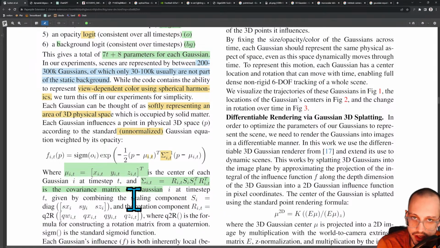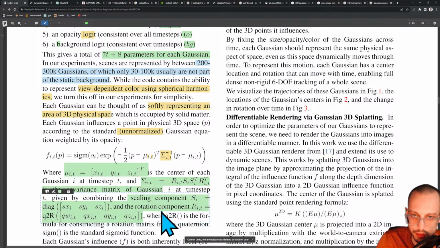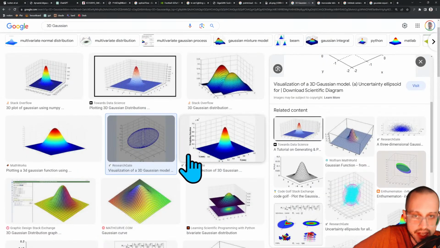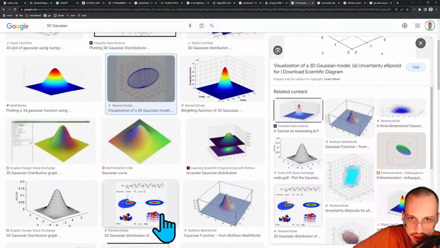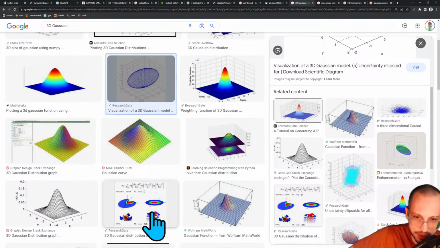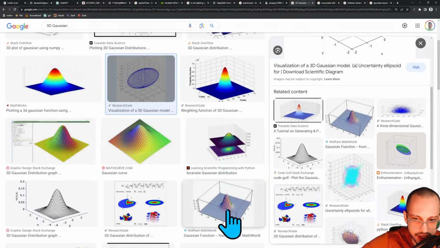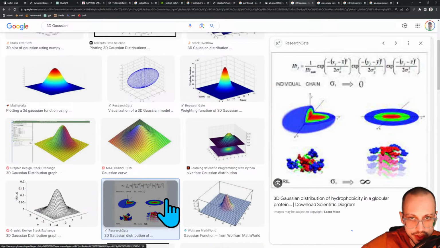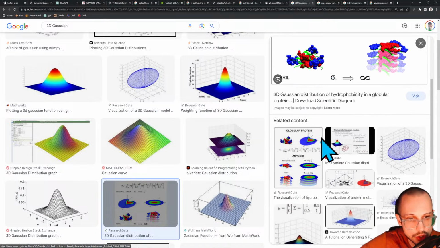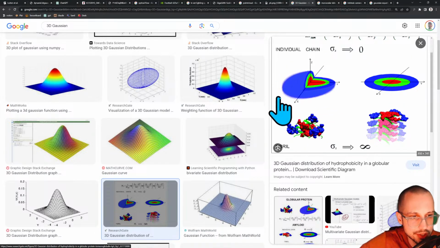So this is a trick that they did in the original paper as well. Rather than saying, okay, we have some Gaussian and this Gaussian has some covariance matrix that represents the variance for each of the dimensions, they're treating these Gaussians as little ellipsoids, right? Little round cookie things, maybe.